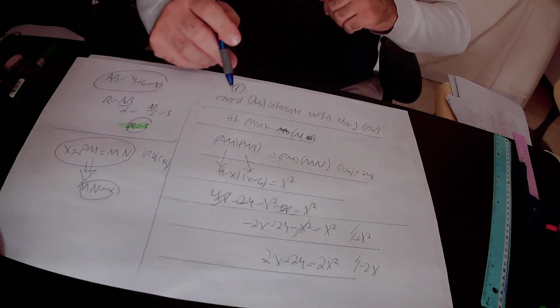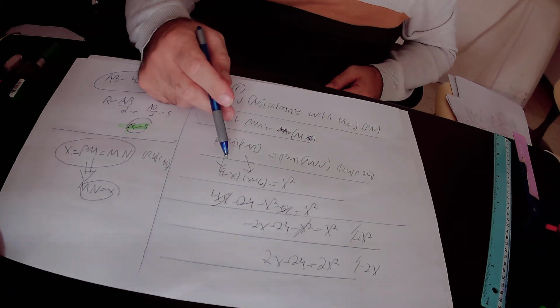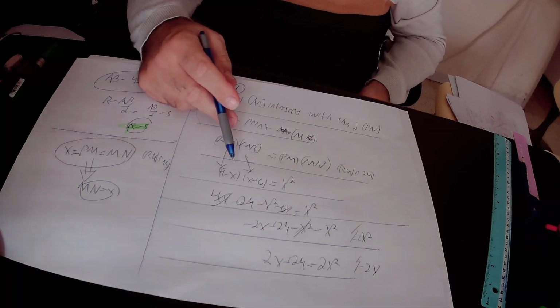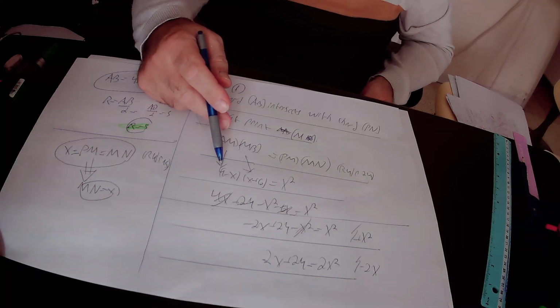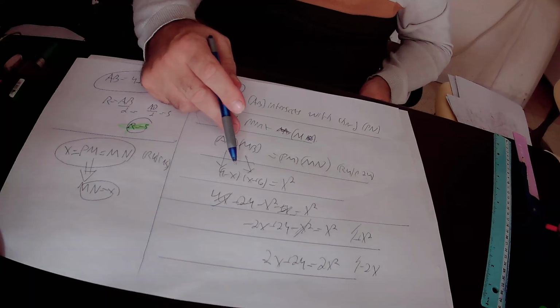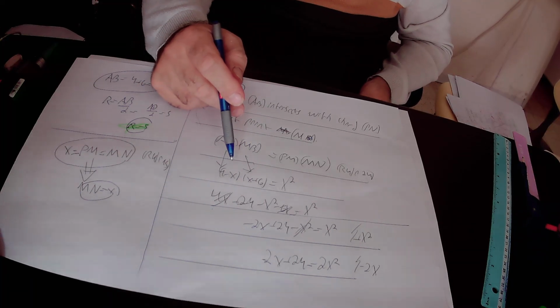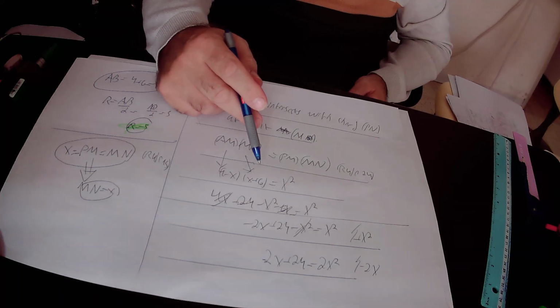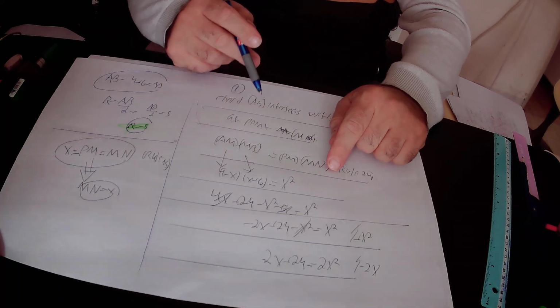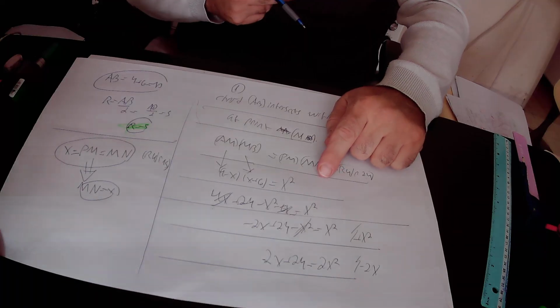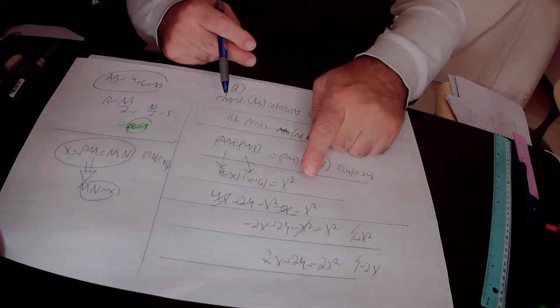Here we open the brackets of this expression and find that 4 times x is 4x, plus 4 times 6 is 24, minus x times x is minus x squared. And finally we have minus x times 6, that is 6x, and it equals x squared.